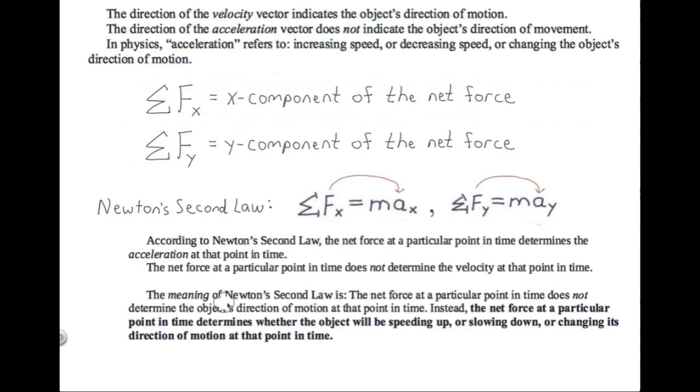So, the meaning of Newton's second law is that the net force at a particular point in time does not determine the object's direction of motion at that point in time. Instead, the net force at a particular point in time determines whether the object will be speeding up, or slowing down, or changing its direction of motion at that point in time.